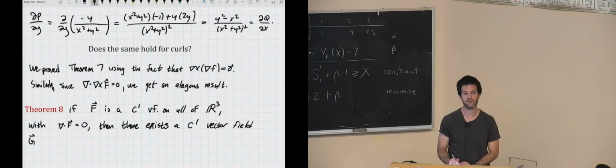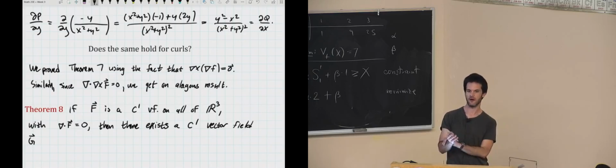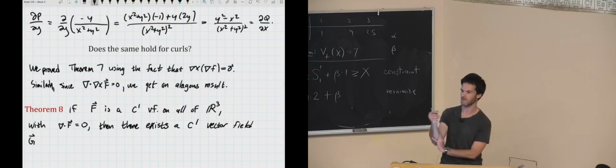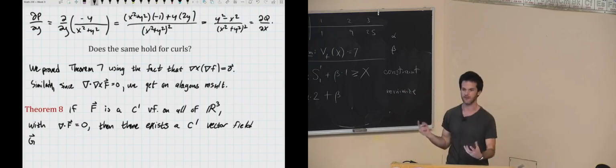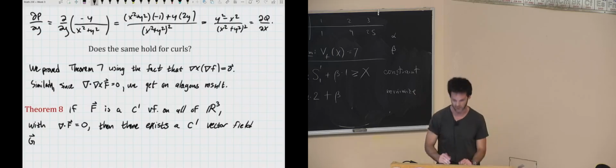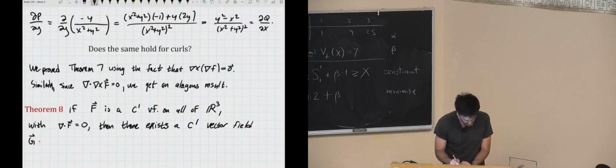This comes into play in gauge theory and electromagnetism. You try and find the vector potential. I don't know if any of you have learned much E&M yet, but you use exactly this theorem to derive the existence of a so-called vector potential. So this vector field G satisfies that F is the curl of G.